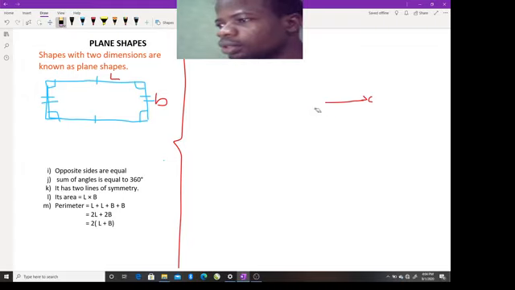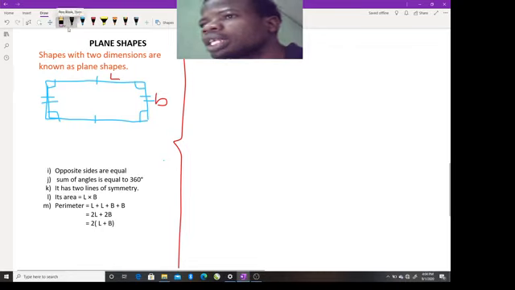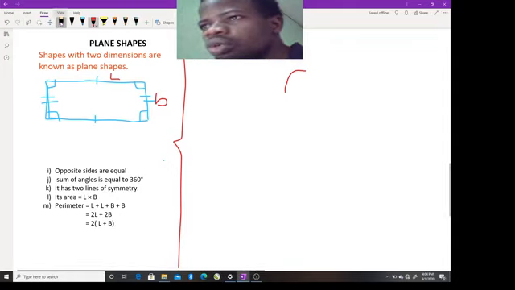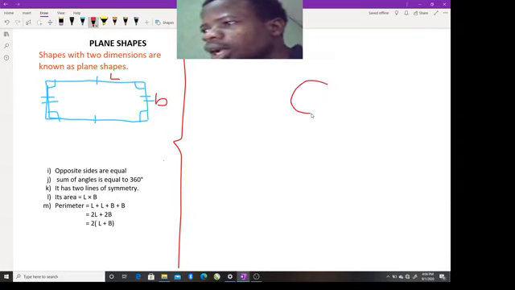If you have a circle, you have something like this as a circle.